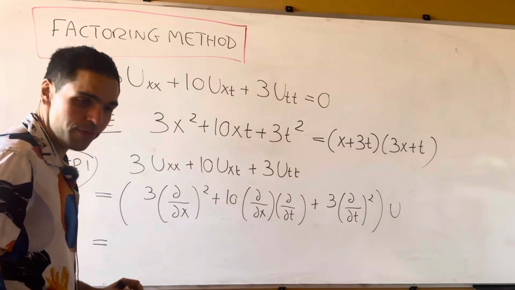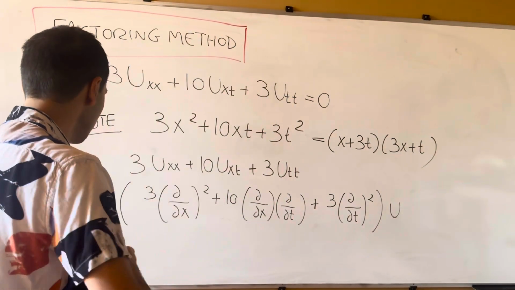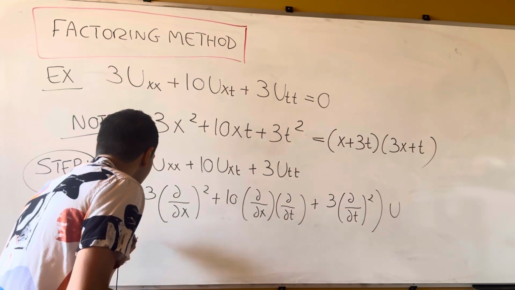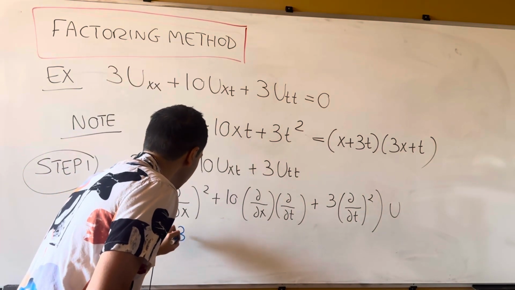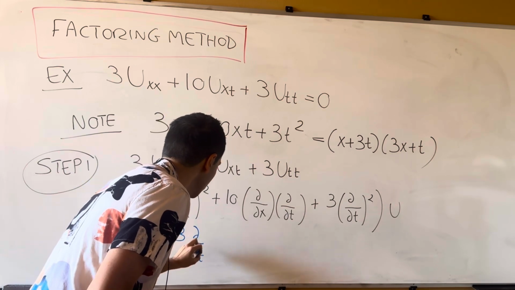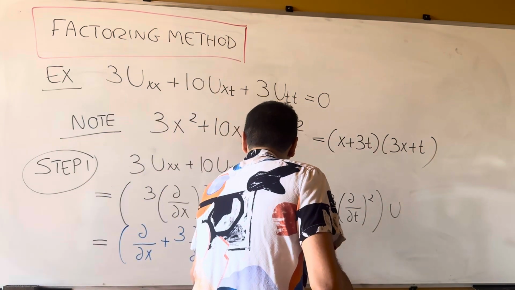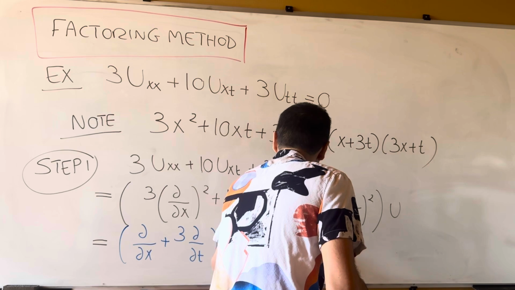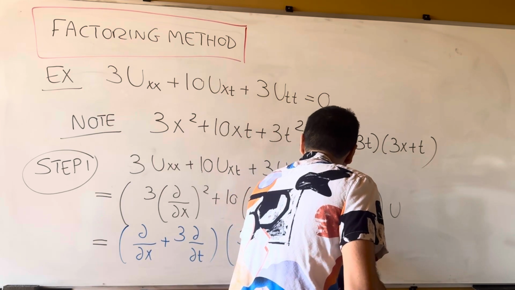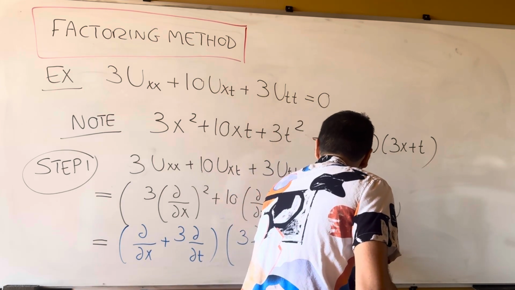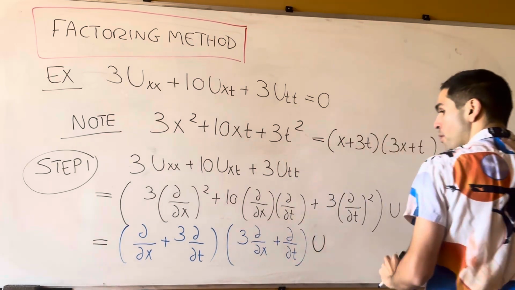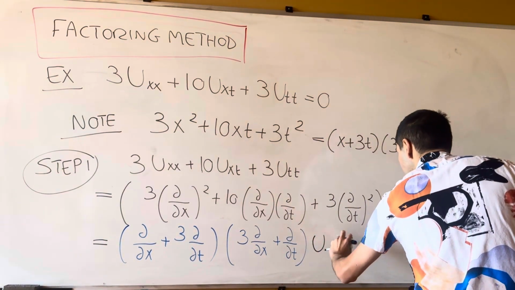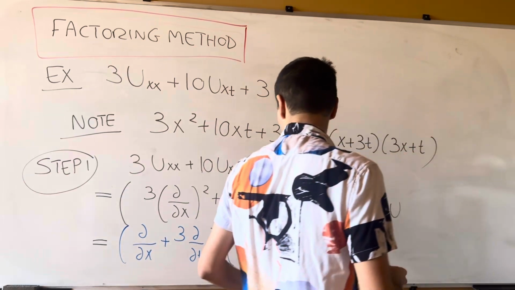So that's the same thing as (∂/∂x + 3∂/∂t)(3∂/∂x + ∂/∂t)u. And remember, all of this is equal to 0.